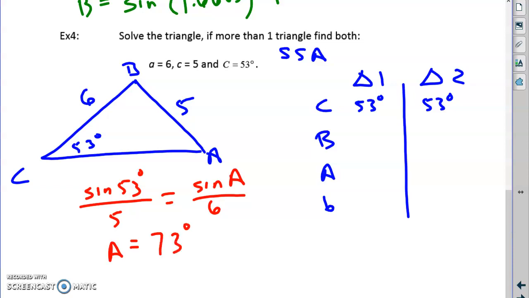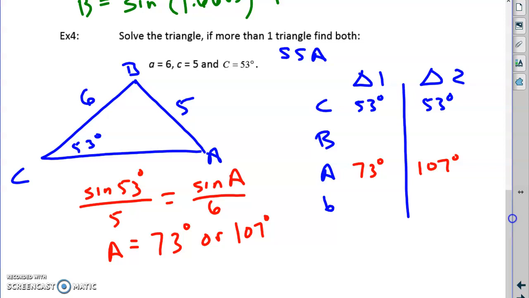Let's put that in for A. What's the other option for A? Let's do that before we even find our angle B's. 180 minus 73 is 107. Are there enough degrees in triangle 2 to have an angle B? There are. This looks to me like a 2-triangle case.